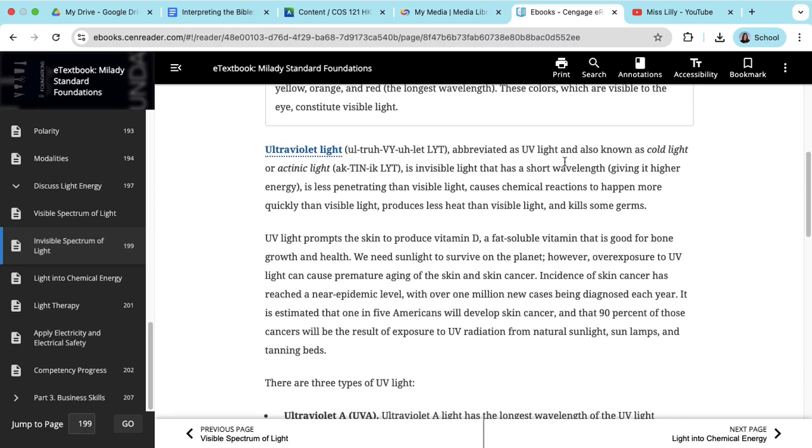Ultraviolet light, abbreviated UV, is also known as cold light. It's invisible and has a short wavelength. It is less penetrating than visible light.